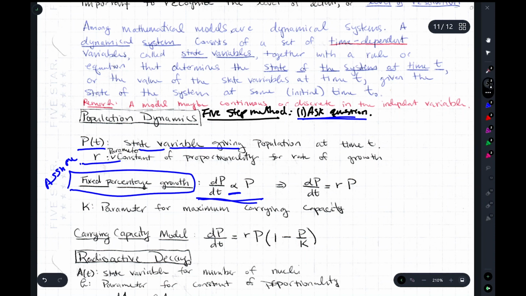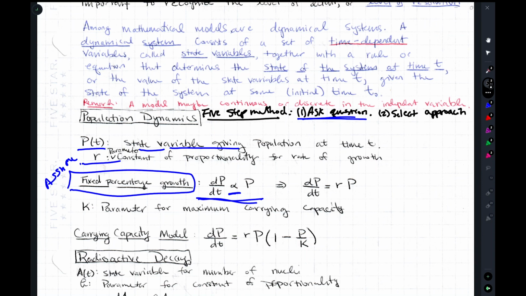Then we select our modeling approach. Now, what goes into that? Well, we're going to say we'd like to model the population using differential equations.